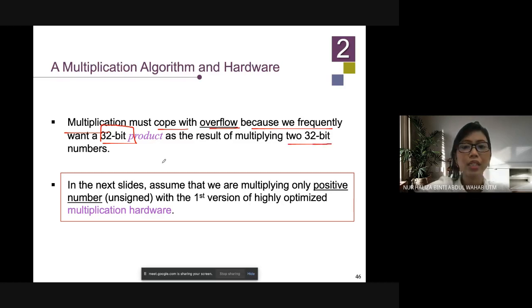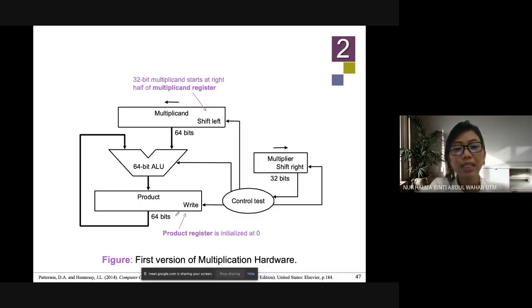So we just assume it to be 32 bits. In the next slide, assume that we are multiplying only positive, unsigned numbers, in the first versions of highly operated multiplication hardware. So this is the example versions.